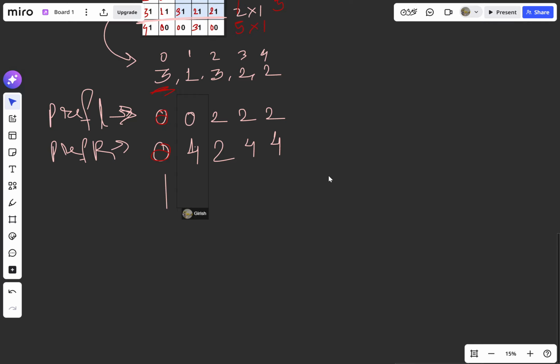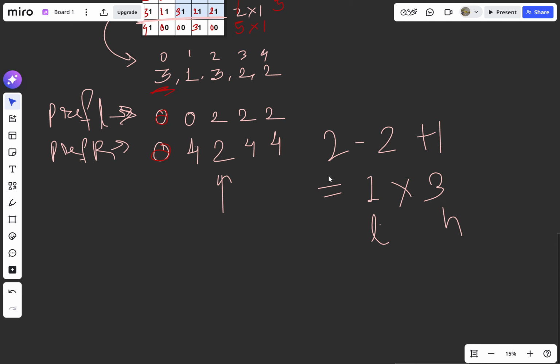Then after this we will look at that particular second index. So here 2 minus 2 plus 1, we will get only 1. So 1 by 3, 3 is the height and this will be the length, or we can say breadth. So here we will get only 3.